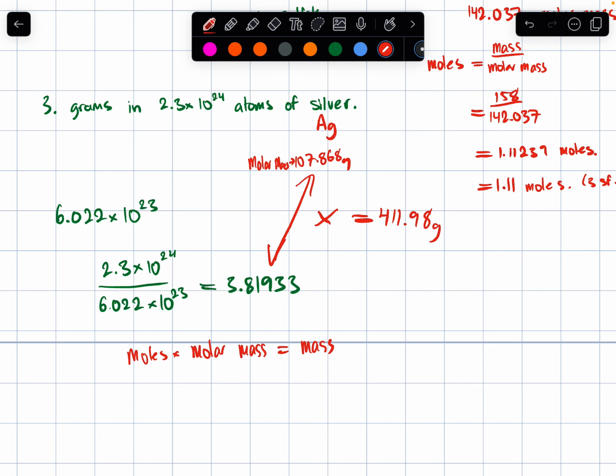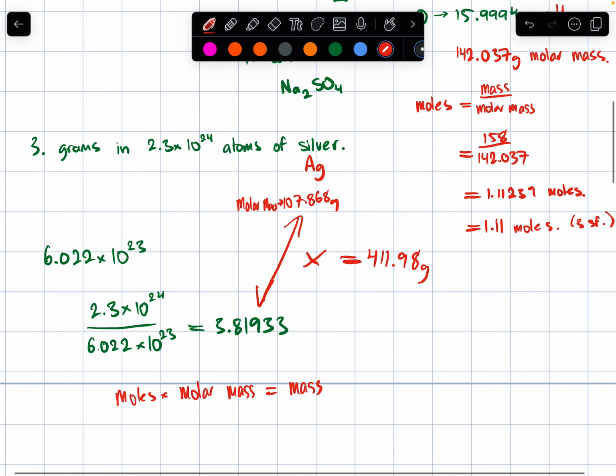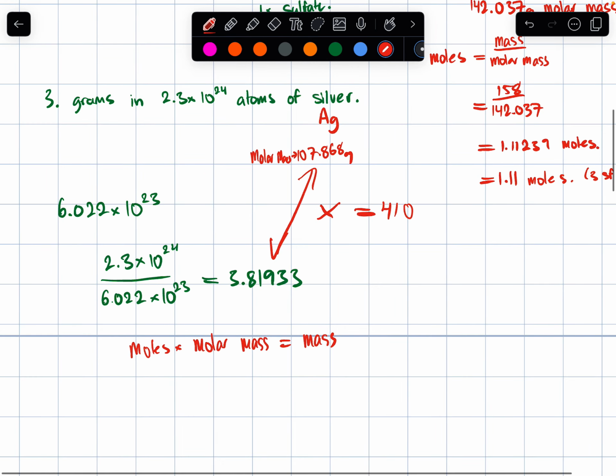I've rounded it, and I should have rounded it earlier, to be honest. It should be like 410, I guess, because this is 2 sig figs. I'm a bit rusty on the sig fig stuff, but yeah, sweet.